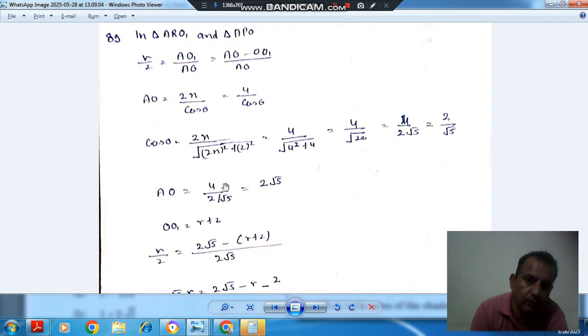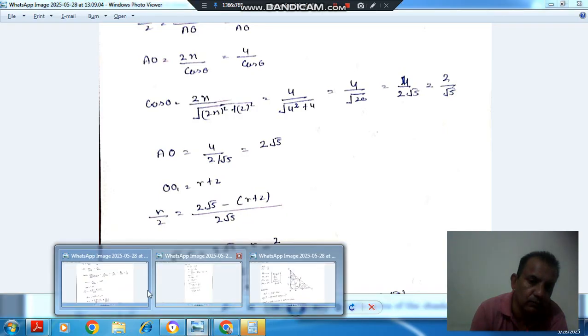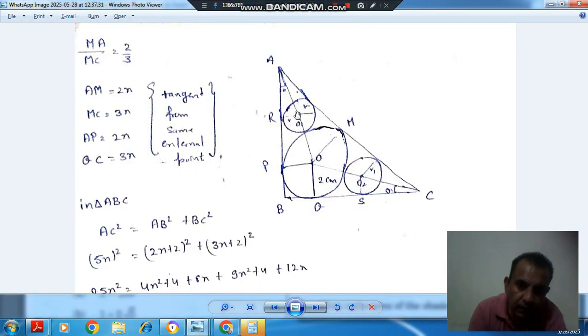So AO will be 4 by cos theta, so it will be 4 by 2 by root 5, or 2 root 5, and OO1 will be r plus 2, this is r and this is 2.